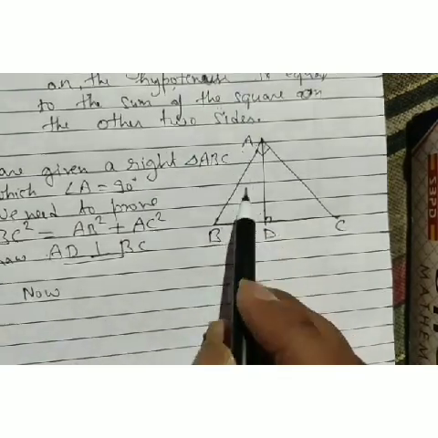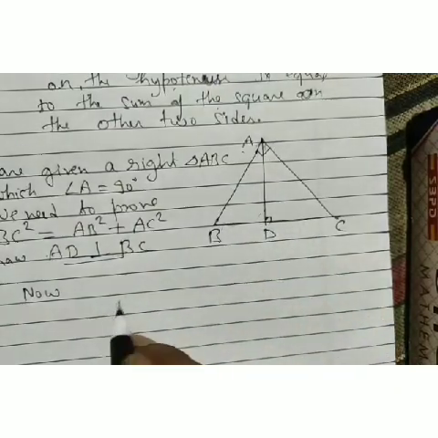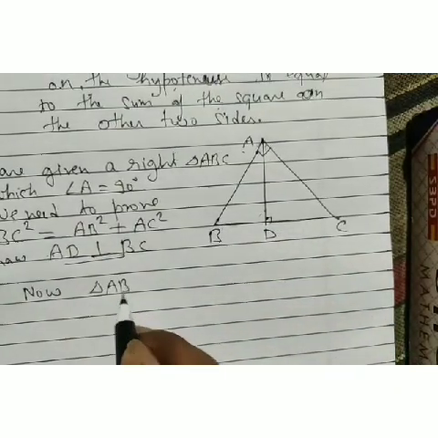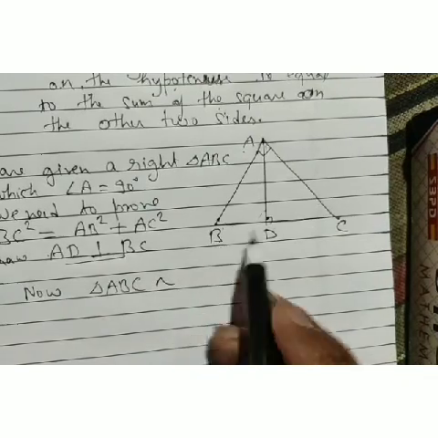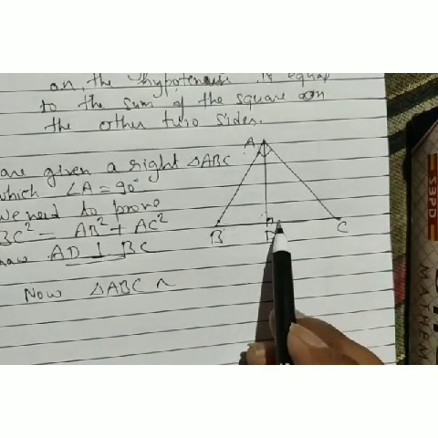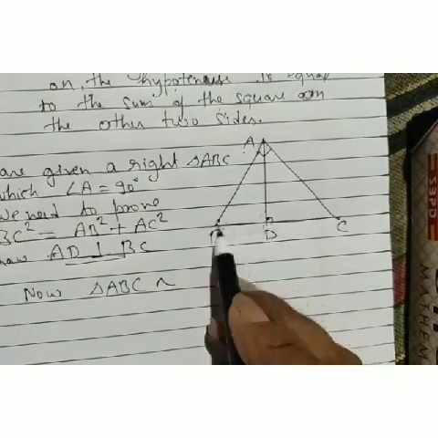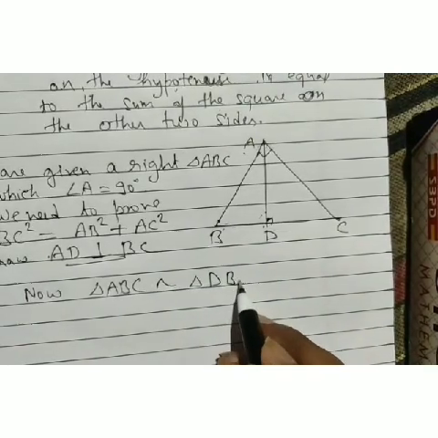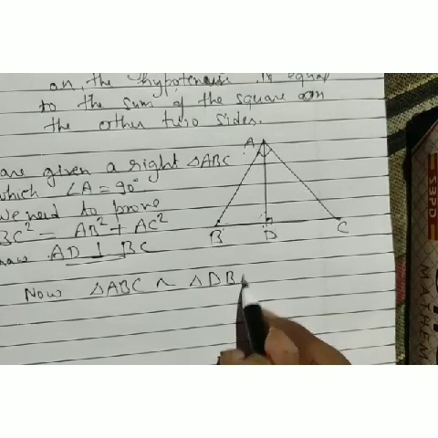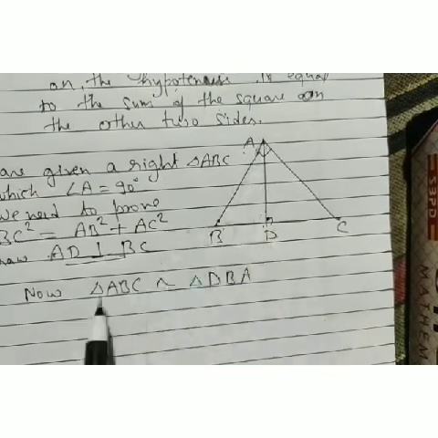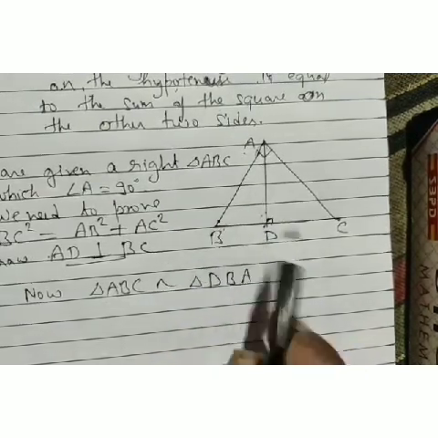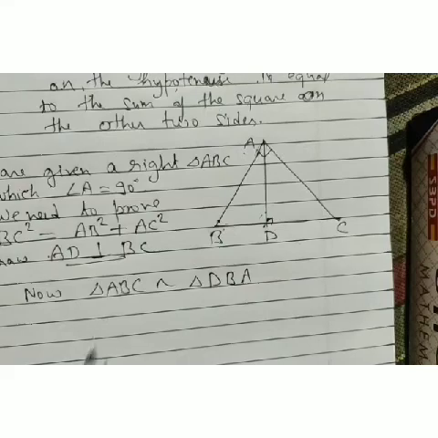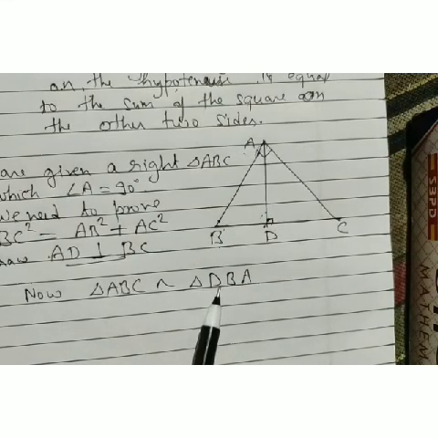First, take the whole triangle ABC, which is similar to triangle DBA. How are these triangles similar? Triangle ABC is similar to DBA.